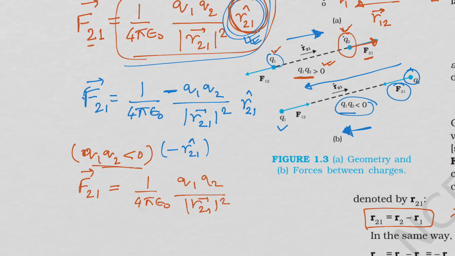This is just the magnitude, and instead of writing r21, now we will write r12. Or if you want to write r21 here, then you have to put a negative sign before that, and everything will be fine. So we can play with these unit vectors very easily.